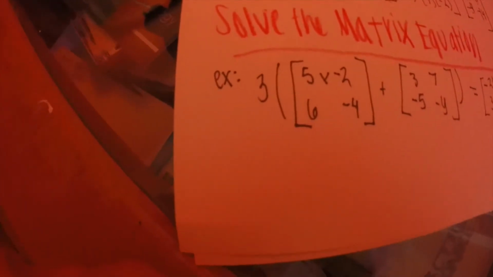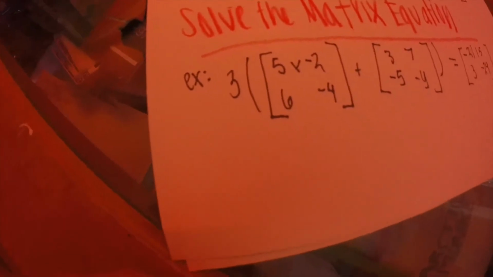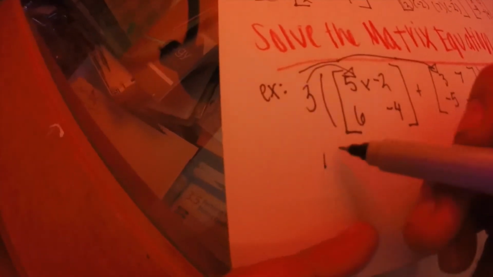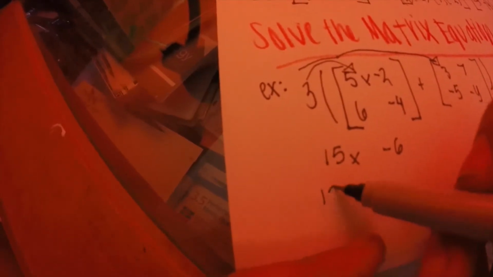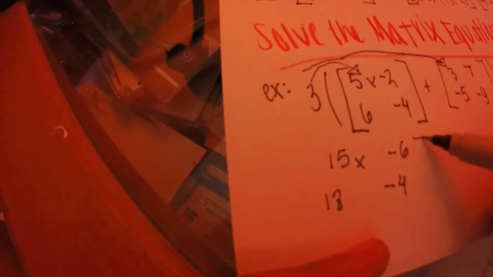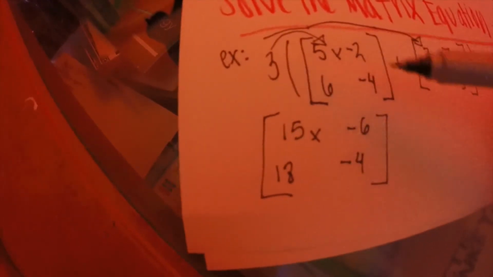For right here, our first step would be parentheses, please excuse my dear Aunt Sally, which includes the distributive property shown before. Therefore, distribute the 3 to each and every one of the matrix participants that are included. Therefore, you end up with a 15x, negative 6, 18, negative 4 matrix. Since that was 3 times 5x, 3 times negative 2, 3 times 6, and 3 times negative 4, equals this.